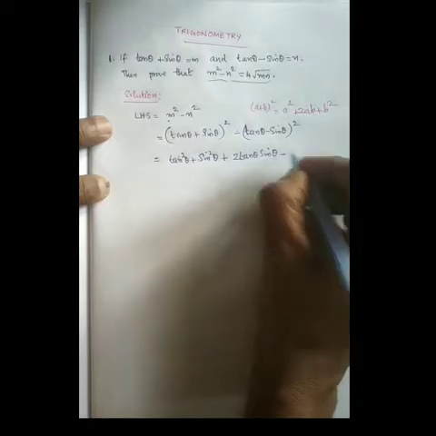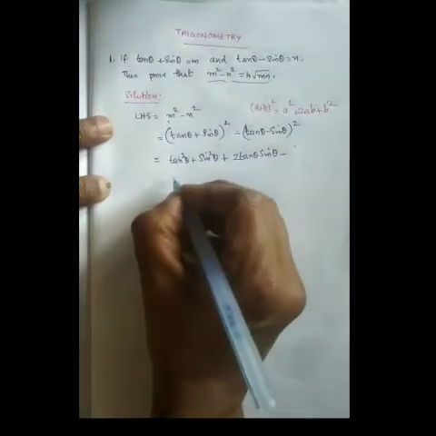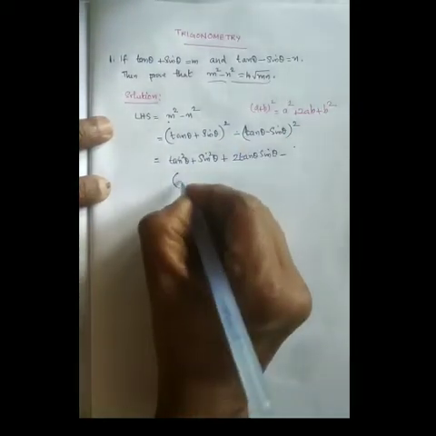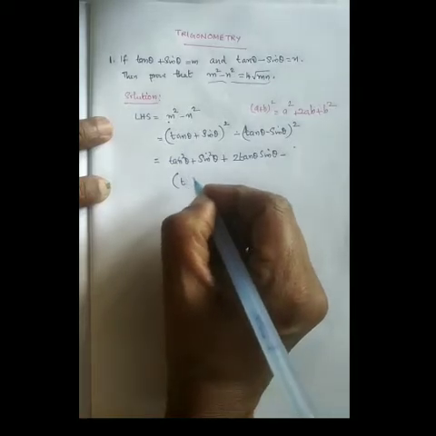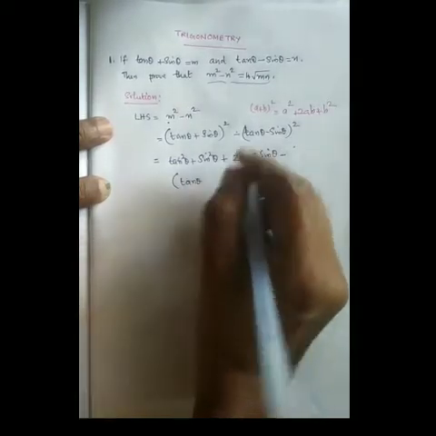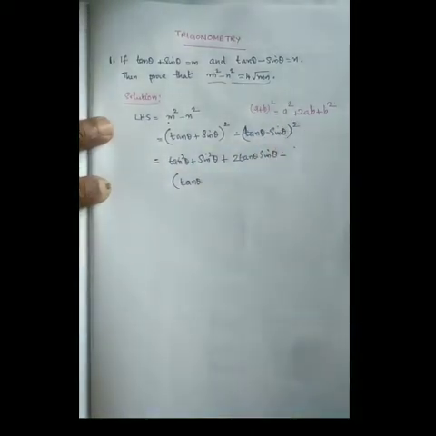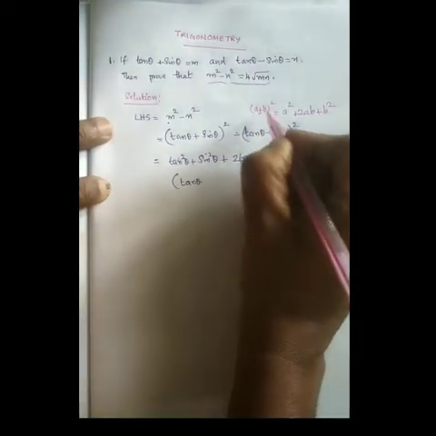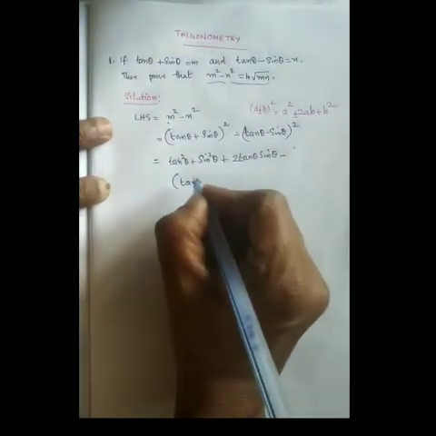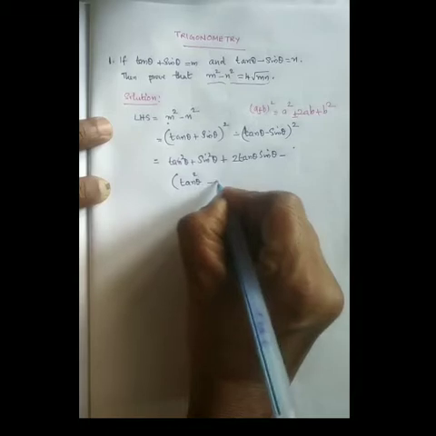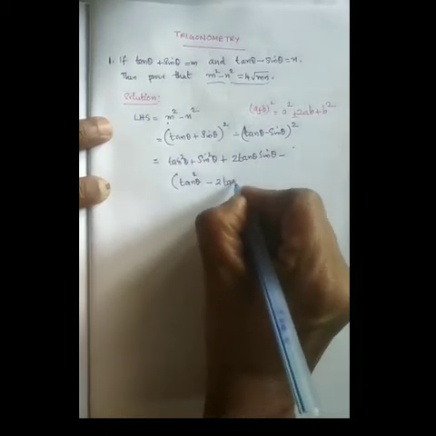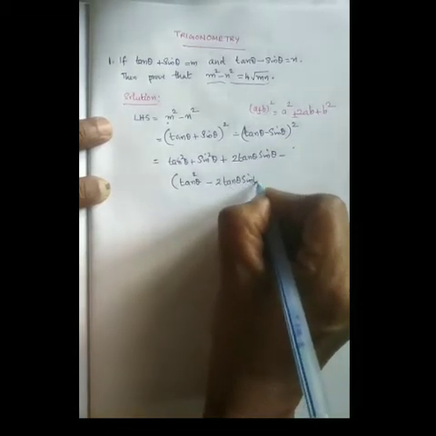Minus, the second term becomes tan theta minus sin theta, this is of the form a minus b the whole square. A minus b the whole square is a square minus 2ab plus b square. That is tan square theta minus 2 tan theta sin theta plus sin square theta.